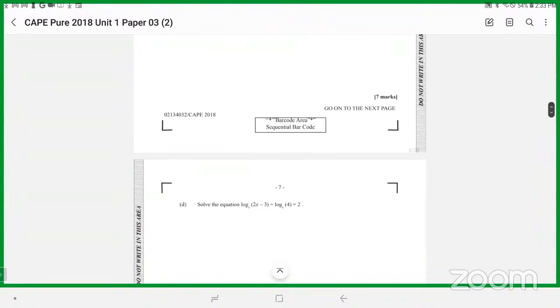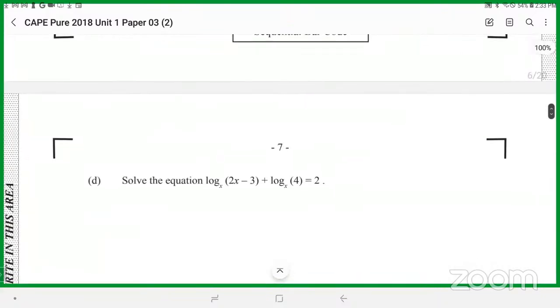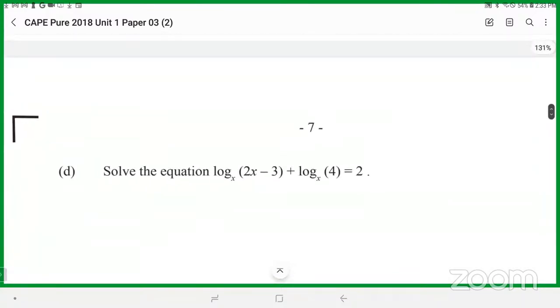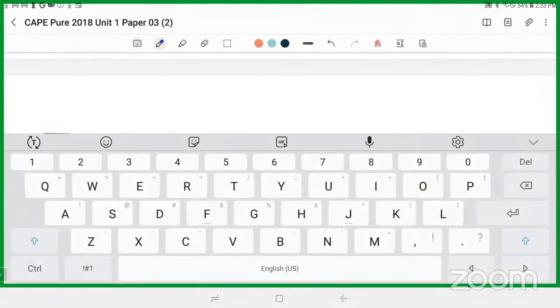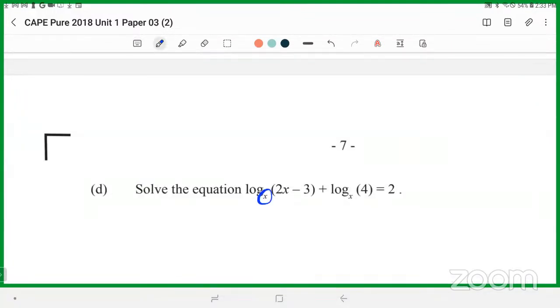That's a proof. It's a logs question. The base is x, like this. No matter, we still apply the rules.